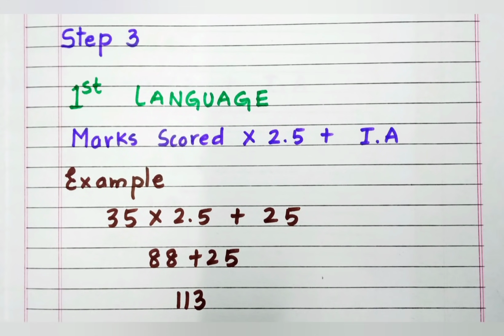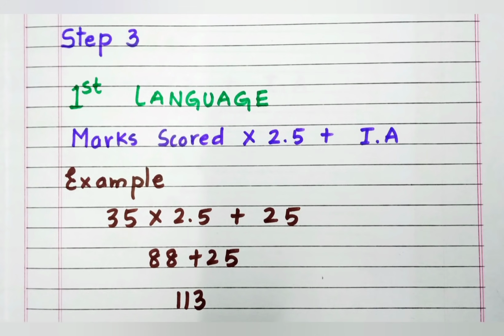For example, if a student scores 35 marks out of 40, 35 into 2.5, what you get? You get 87.5. It will be rounded off to 88 plus add 25. Therefore, the marks scored by the student will be 113 out of 125.